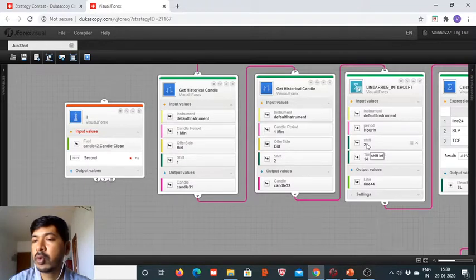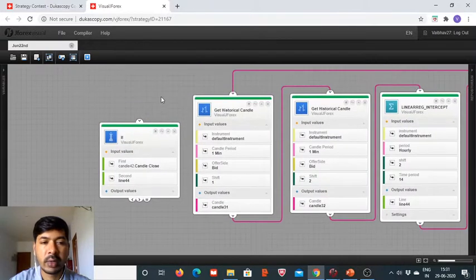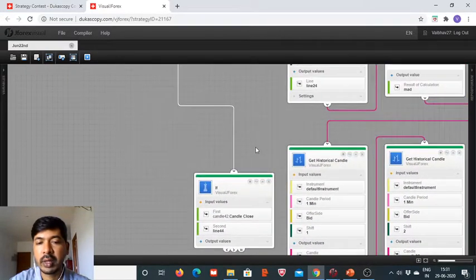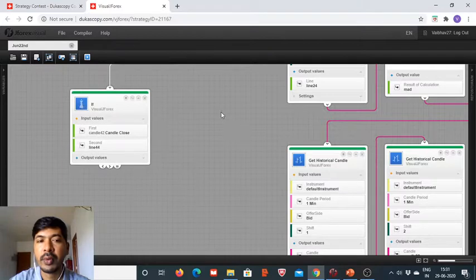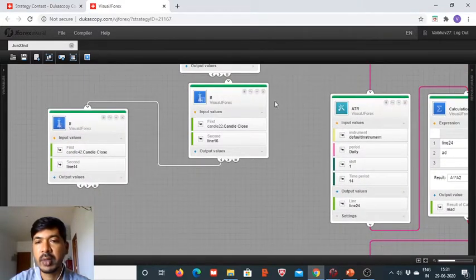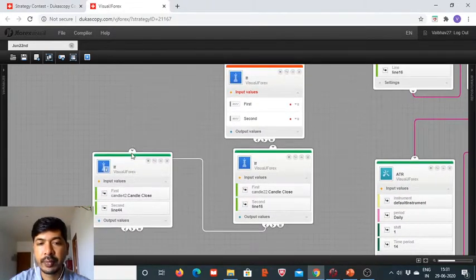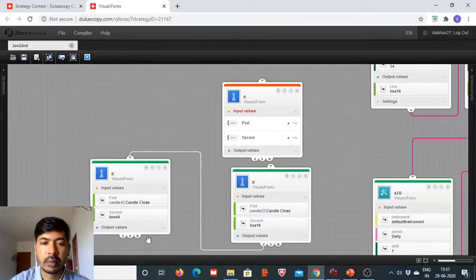Here shift is 2, and it is our linear regression intercept value, and the candle 42's closing level should have been above line 44. So that means first input greater than second input. So we have to join this.